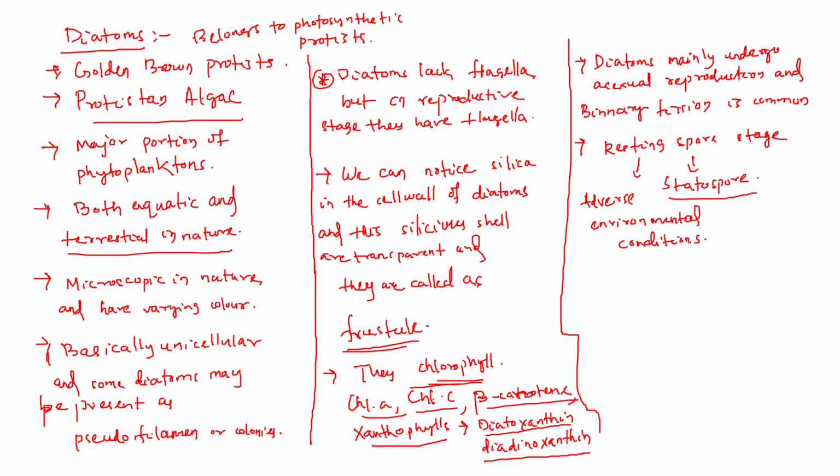When the environmental condition is not in favor of their growth, reproduction, and other physiological activities, they undergo a spore stage known as the resting spore stage, and those resting spores are known as statospores. And we know that these diatoms are very good indicators.